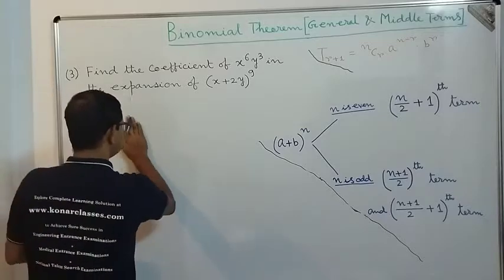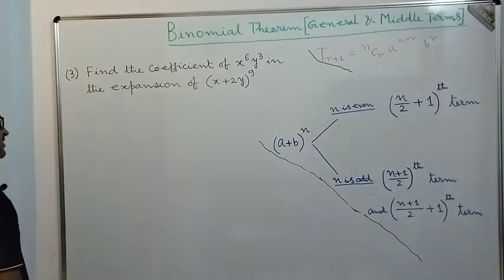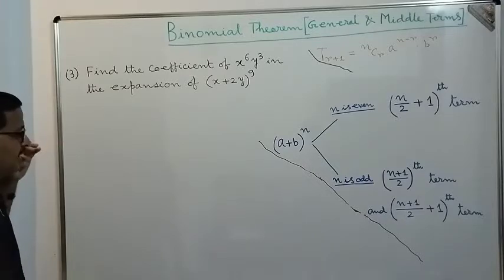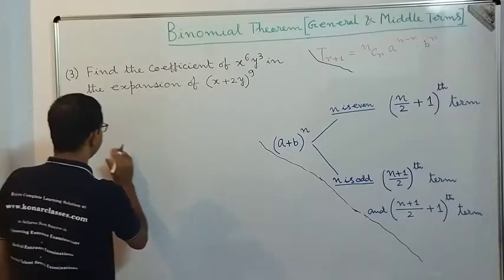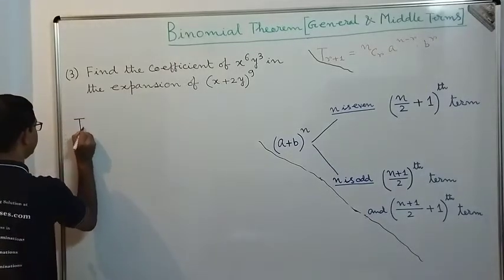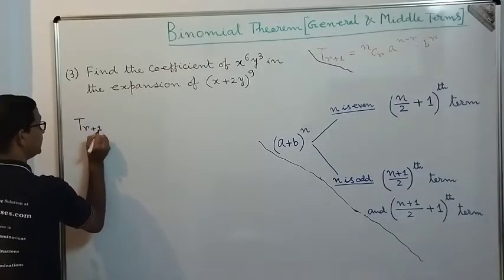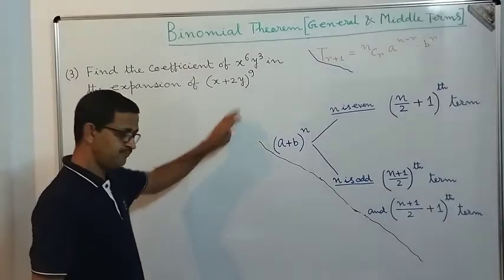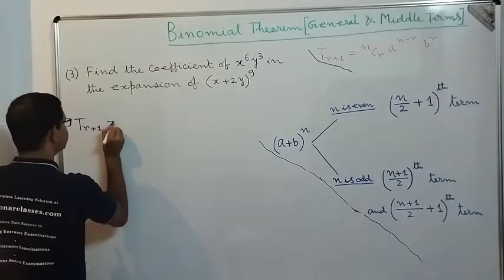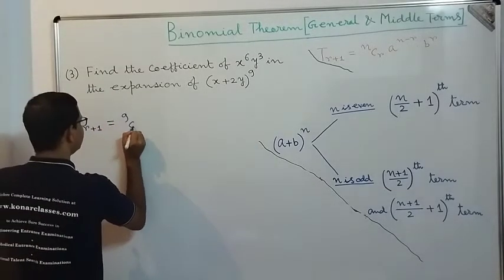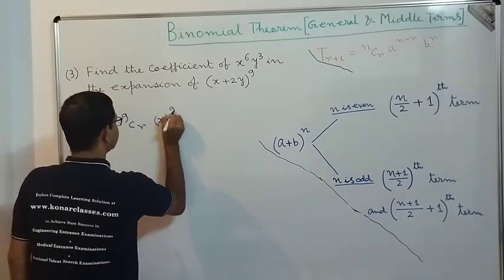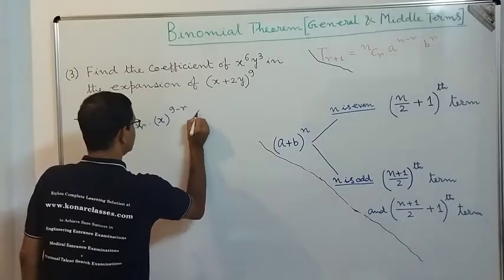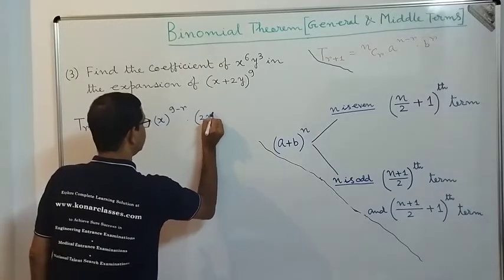So to approach this question, dear students, let us first find the r plus 1th term. Okay, so that is T r plus 1 in the expansion of x plus 2y power 9. So what will be the r plus 1th term? That should be 9Cr into x to the power 9 minus r into 2y to the power r.